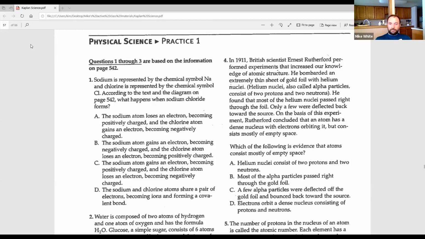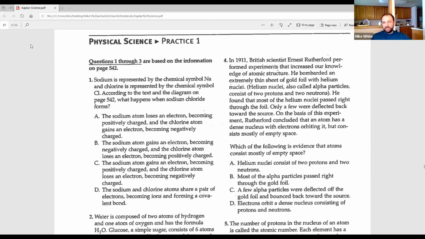B, most of the alpha particles passed right through the gold foil. C, a few alpha particles were deflected off the gold foil and bounced back toward the source. Or D, electrons orbit a dense nucleus consisting of protons and neutrons. Okay, so your guess over there. Let's talk about this one, because this is a good question to spend some time breaking down. So helium, let's look at A.